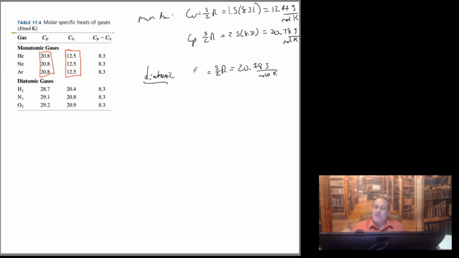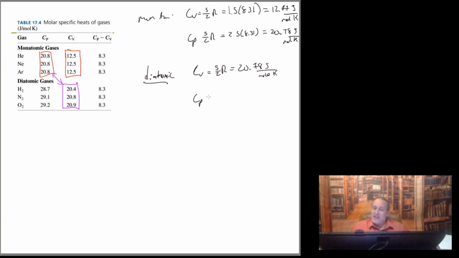Sorry, CV, I meant to say CV. CV for the diatomic molecule is the same as CP for the monatomic molecule. So these should be the same, and they're close, but they're not exact. It means there's something wrong with this model still for diatomic molecules. We will talk about what that is.